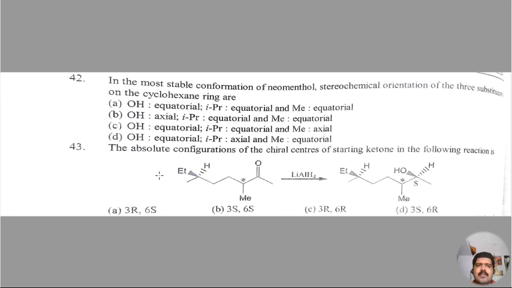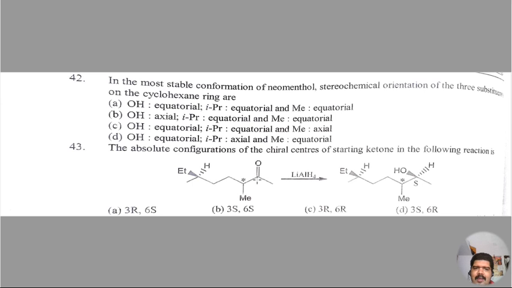Now coming to the next one, the absolute configuration of the chiral centers of the starting ketone in the following reaction. Here you are given a lithium aluminum hydride reduction and the product is given as S. And look at this, this is again Cram's rule. Following Cram's rule, the H minus will attack this carbonyl group from the plane opposite to that of this plane, and the product is given as S. So the starting material will be R, because here it is opposite.